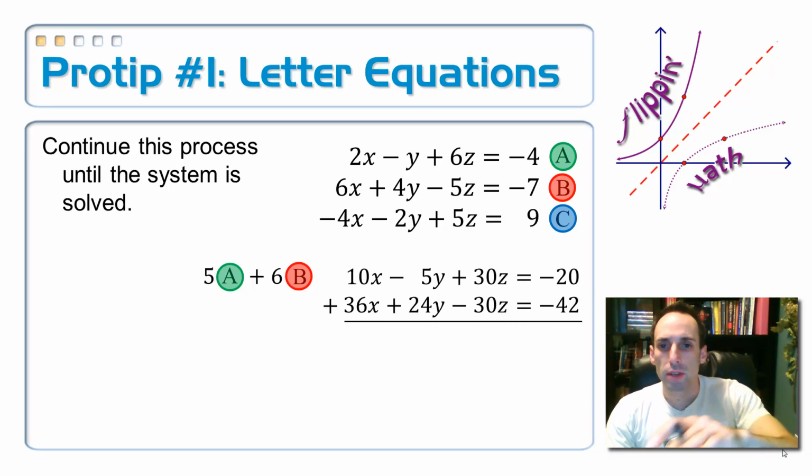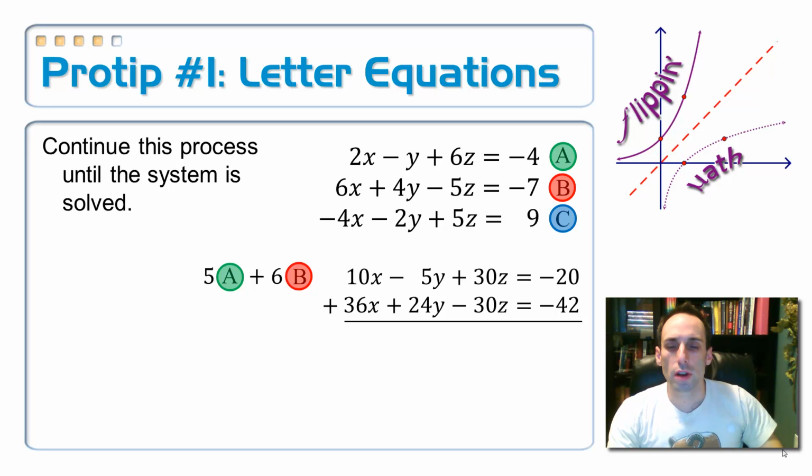And then taking 6 times the second equation, I have 36x plus 24y minus 30z, so those would cancel, is equal to negative 42. Then just add up our columns.